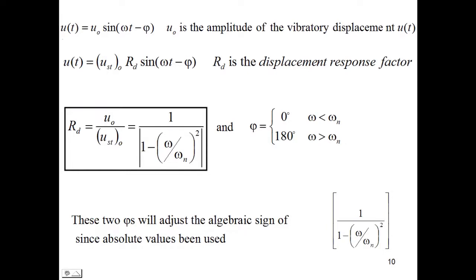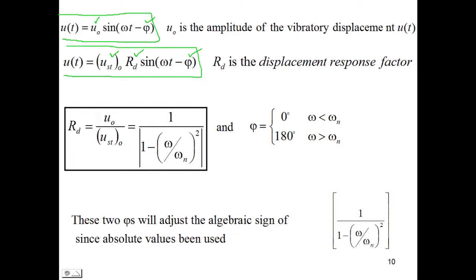Equation 1, or the vibratory displacement u of t, can be rewritten in terms of the amplitude u0 and the phase angle phi. It can also be rewritten in terms of the maximum value of the static deformation u static naught, displacement response factor Rd, and the phase angle phi.